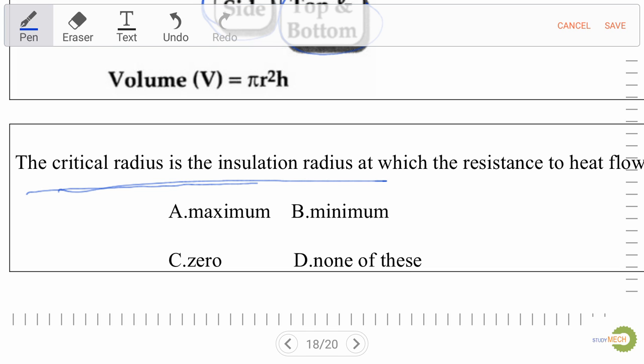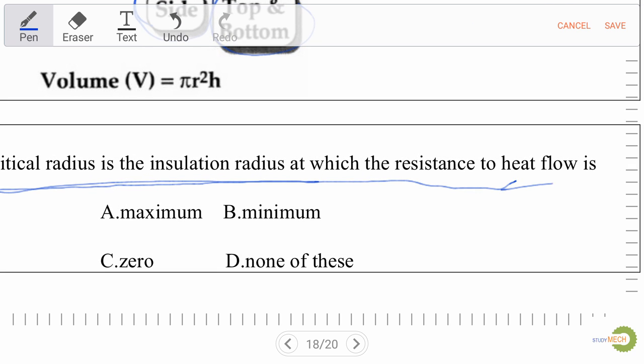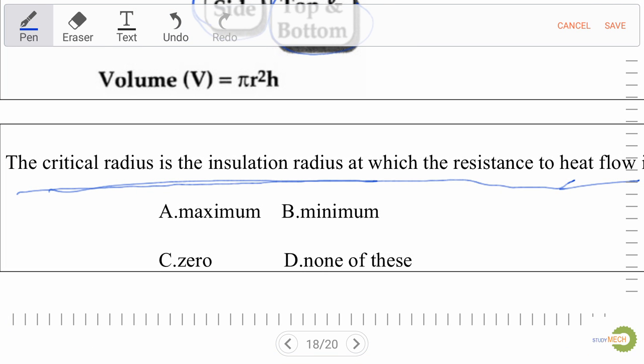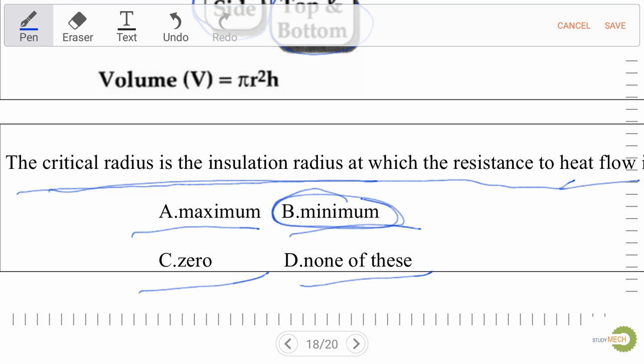The critical radius is the insulation radius at which the resistance to heat flow is: option A, maximum; option B, minimum; option C, 0; and option D, none. Well, our right answer is option B, minimum. Why? Because the critical radius is the insulation radius at which resistance to heat flow is minimum.